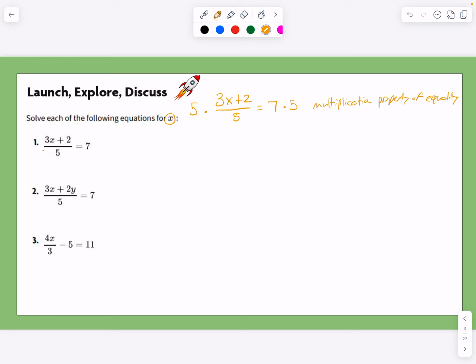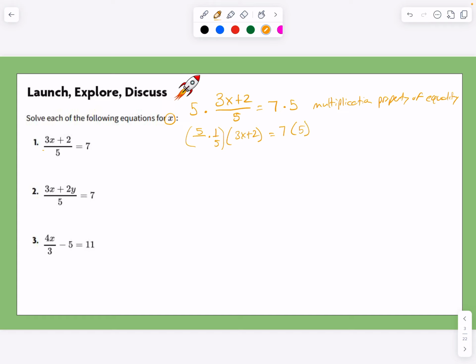If I was to really break this apart, this becomes 5 times 1 over 5, times 3x plus 2, equals 7 times 5.